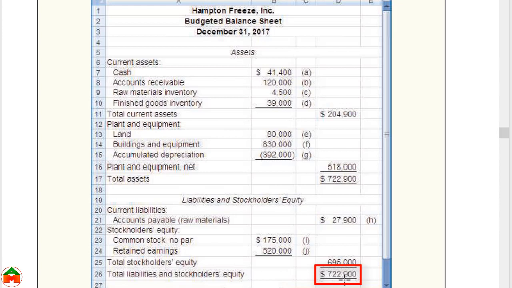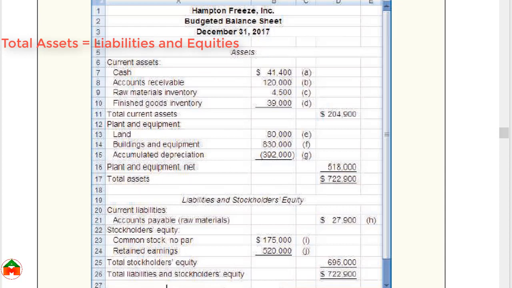So our total balance of liabilities and equity is 722,900, and our total assets is 722,900. So here total assets equal liabilities plus equity. I am repeating, when the assets are equal to liabilities and equity, the balance sheet is okay. In this way we will prepare the budgeted balance sheet.